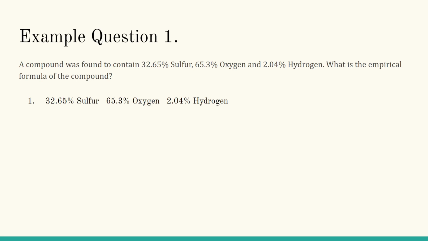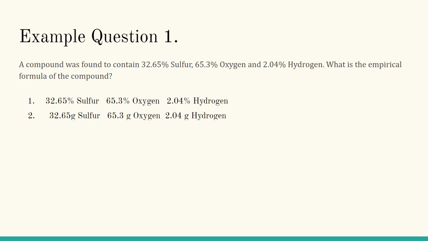So if we have 100 grams and 32.65% of it is sulfur, then guess what? We have 32.65 grams of sulfur. The same goes for our oxygen. Our percent of 65.3% directly relates to the grams, and the same also goes for the hydrogen. So we also have 2.04 grams of hydrogen.